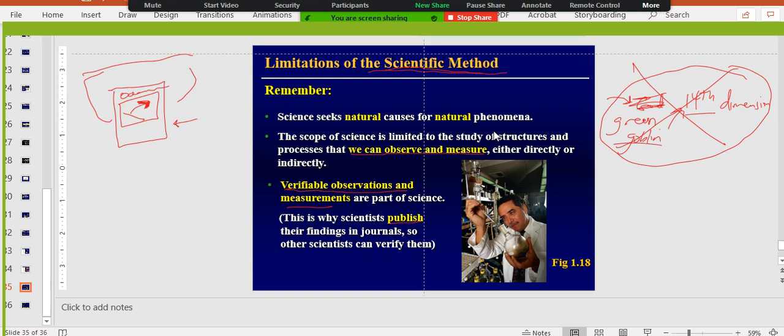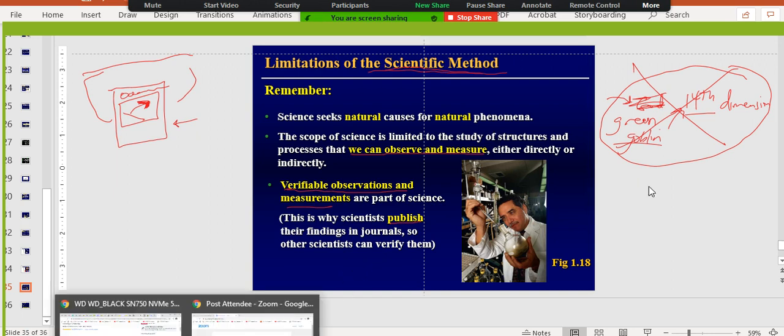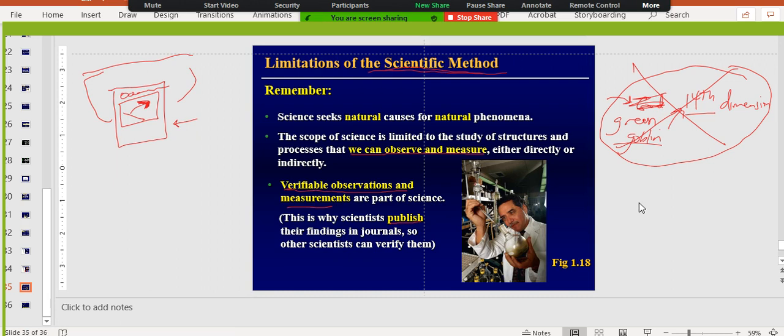A great example of this, and you guys can look it up in the news, is a South Korean scientist who made a claim. A lot of people will bank their umbilical cord stem cells in case their kids get sick, and then they can use the stem cells to save their kids. So this scientist in South Korea said that he figured out a way to turn any cell into an embryonic stem cell.